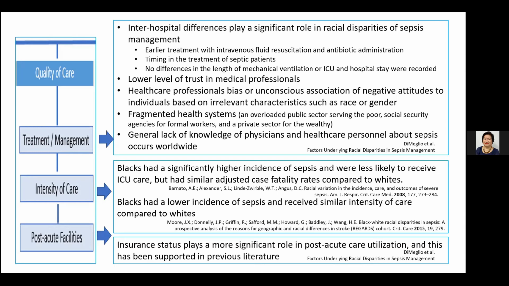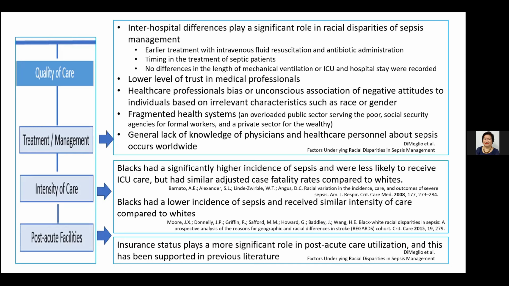In terms of intensity of care, studies have shown that among sepsis patients, Blacks were more likely to be hospitalized and require ICU level of care, and that they experience a longer length of stay. However, the conclusion of a more recent study has been inconsistent with the prior literature.